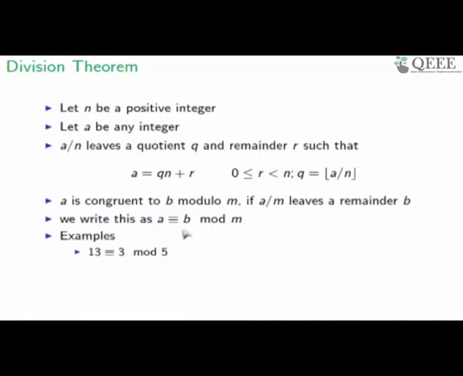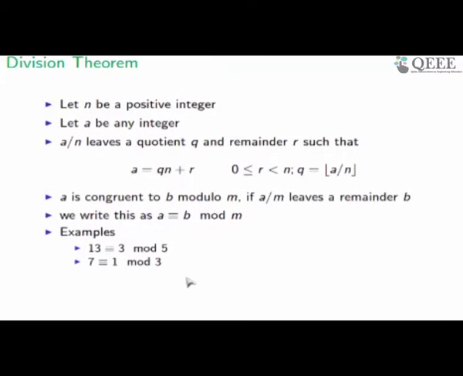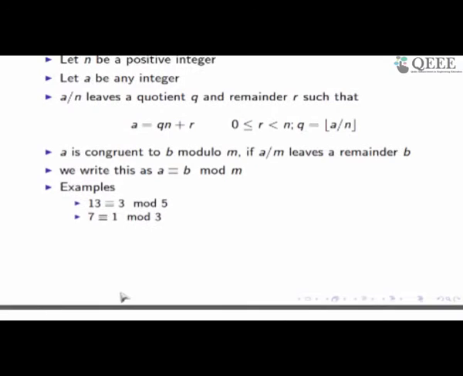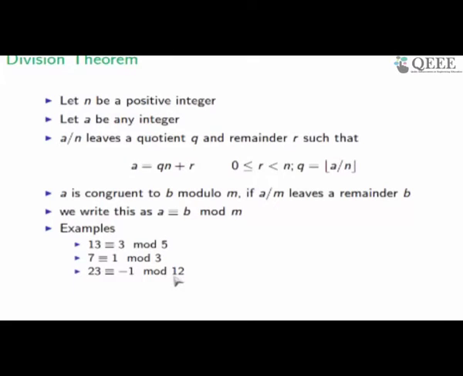We are writing A congruent to B mod M over here, if A and B happen to leave the same remainder when divided by M. And some examples are 13 congruent to 3 mod 5. We have seen this. 7, when you divide 7 by 3, it leaves a remainder of 1. Then we have 23 and 12.